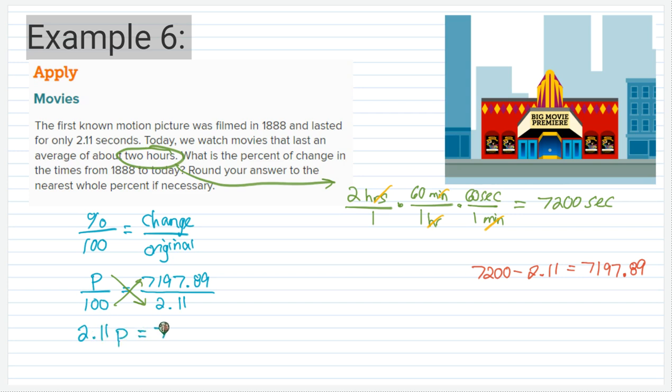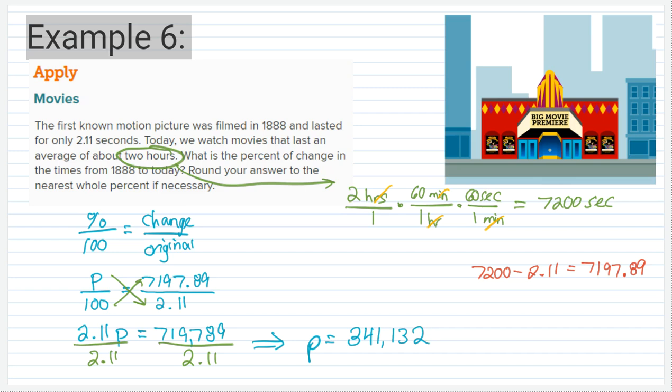equals 719,789 when we do that multiplication with the 100. Then we have one more step, which is to divide. We're going to divide both sides by that 2 and 1/100, and we're going to find that P is equal to 341,132 and some change, but it does say to round to the nearest whole percent.